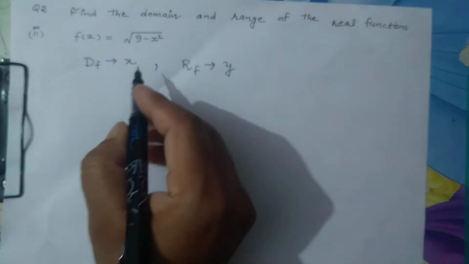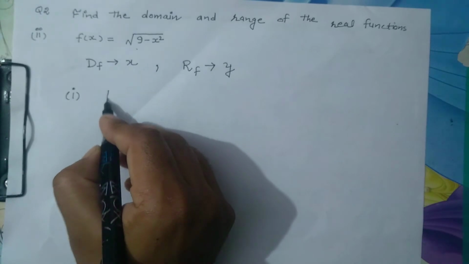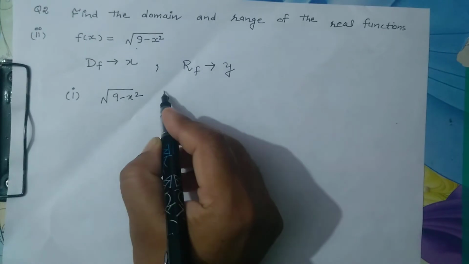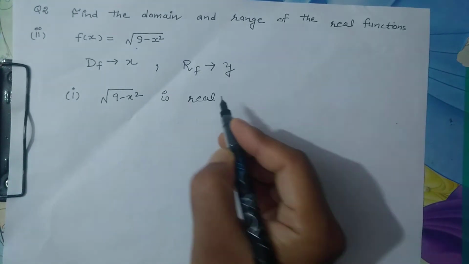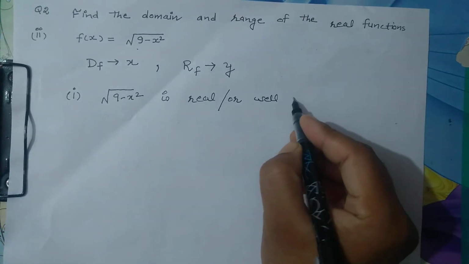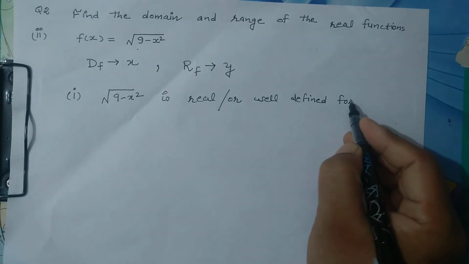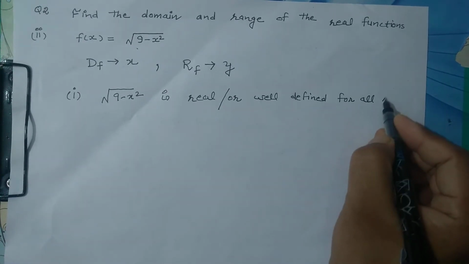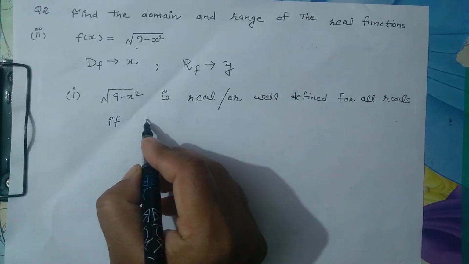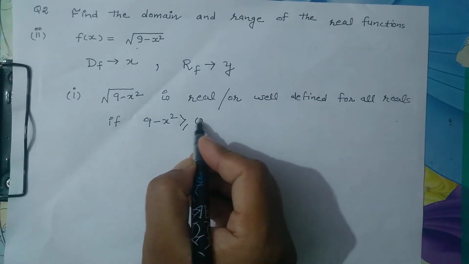So what we see here, one thing is very much clear, that 9 minus x square is real or well defined for all reals if inside the square root the term itself is greater than or equal to 0.